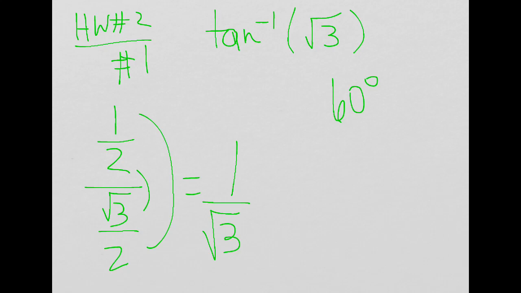So I need the one in the third quadrant that gives me negative over negative, which is what 60-degree angle's in the third quadrant? 240. Or these are pi over 3 and 4 pi over 3.